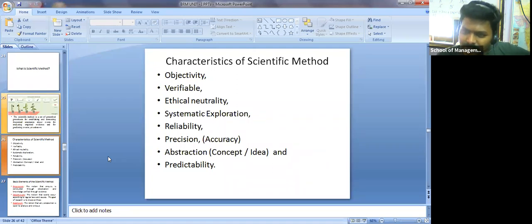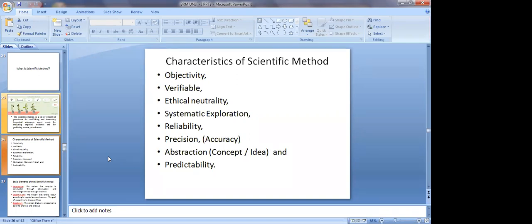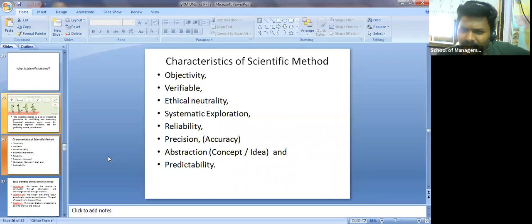What do you mean by reliability? Dependency. I may say accuracy. How far you may rely. Now I may say, if a person is suffering with fever and I say please take paracetamol, right?